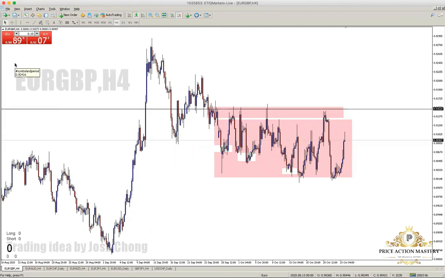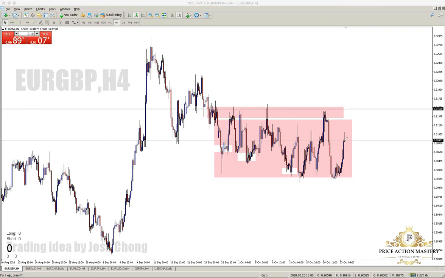As you can see, the entire market is still in a downtrend, but if you want to short a pair, especially a pair that contains GBP, there will be much higher volatility.